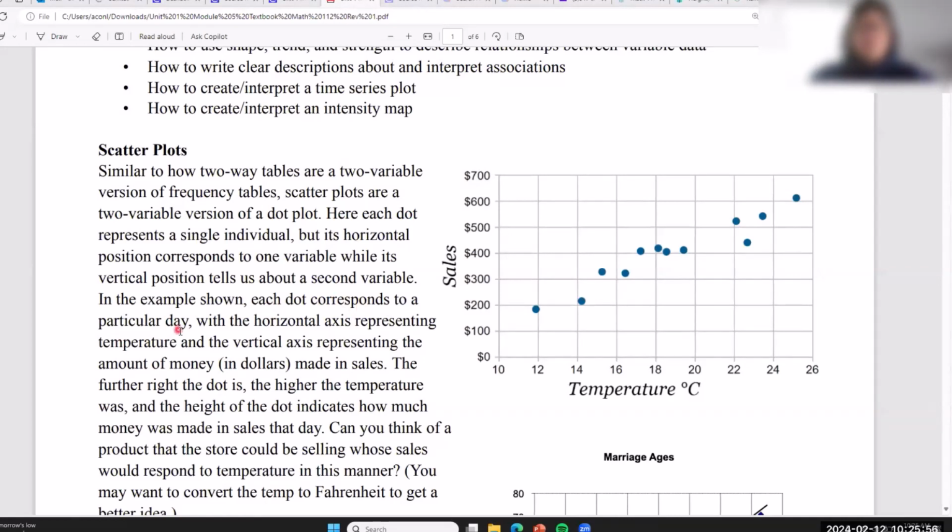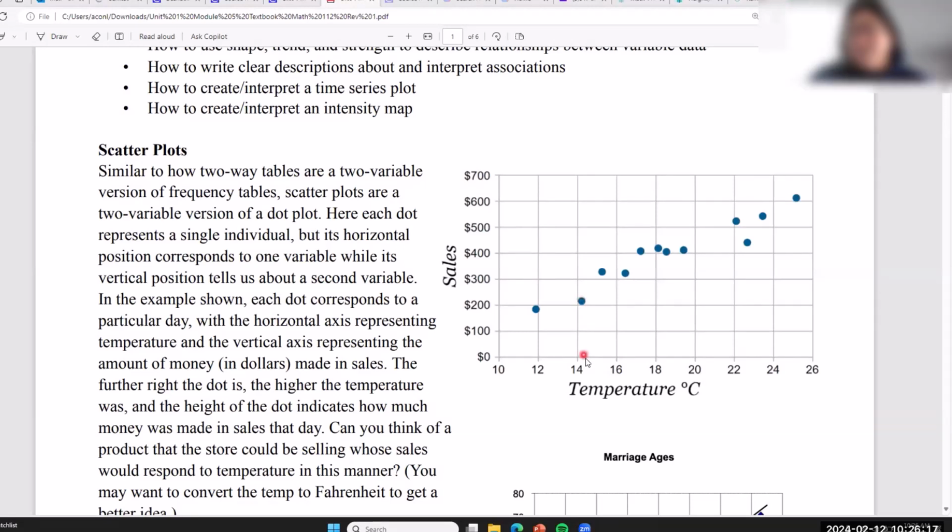So we're looking at a particular day. And so if I were to look at this point right here, this tells me that on this day, what was the temperature? Roughly in Celsius. On this day, the temperature was how much? 14 degrees.